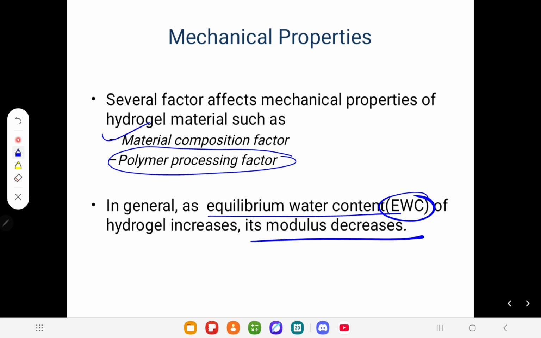So basically, whenever you increase the water content, the modulus of elasticity gets decreased. It's always like that. Whenever you increase the water content, at the same time the refractive index decreases. It's always like that. Yes.